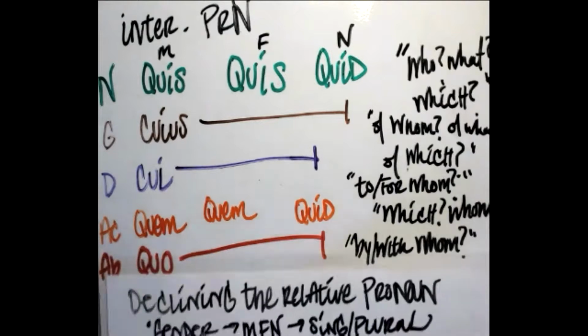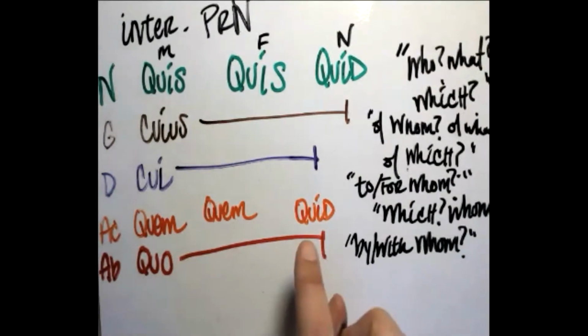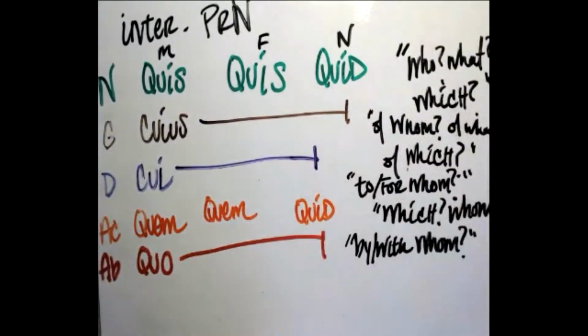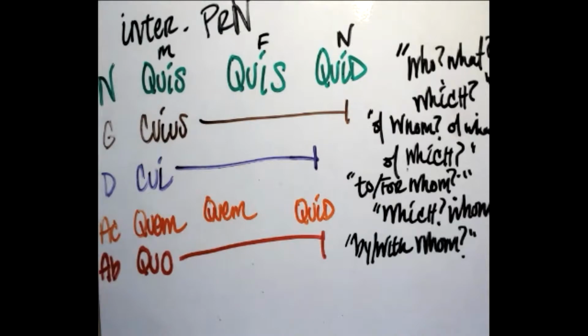And then in the ablative, they're all quo. Again, how do I tell in context? Well, there'll be a question rather than just a statement, and you won't have an antecedent that you need to refer back to. That's how you'll be able to tell an interrogative from a relative.